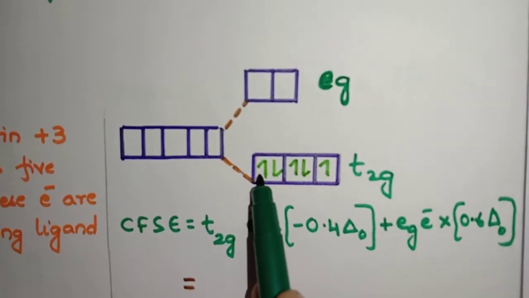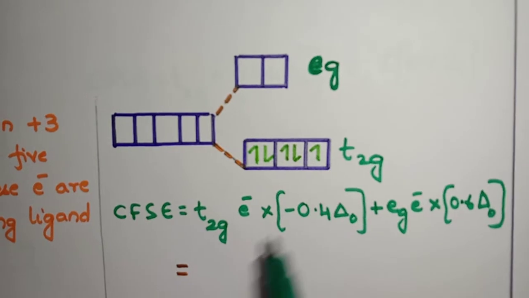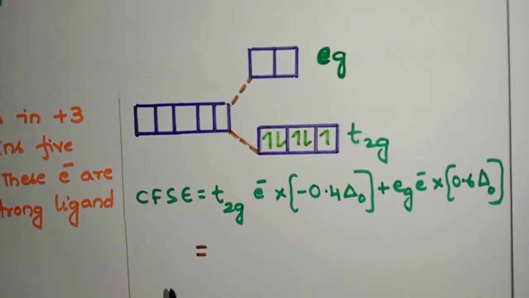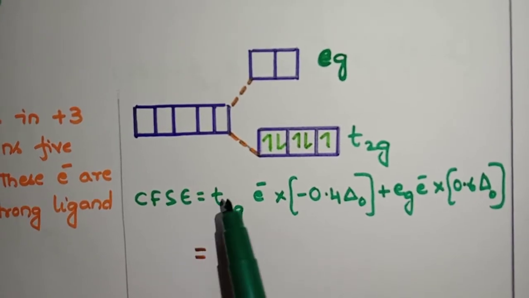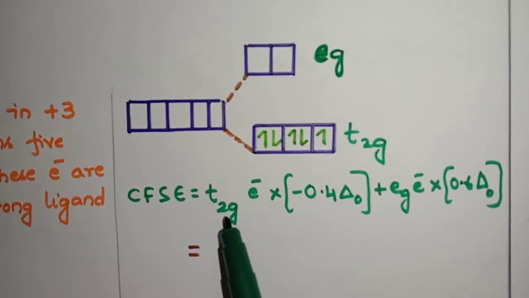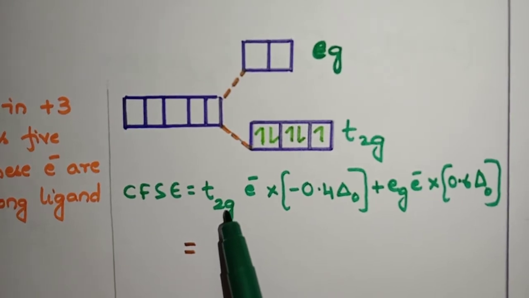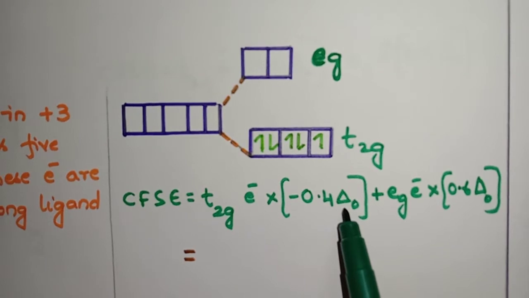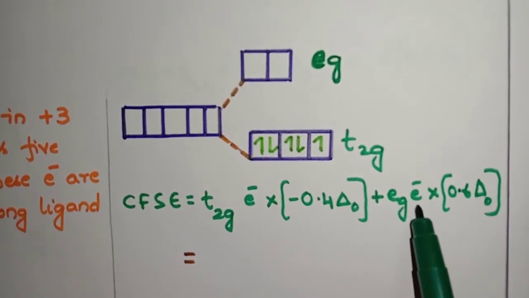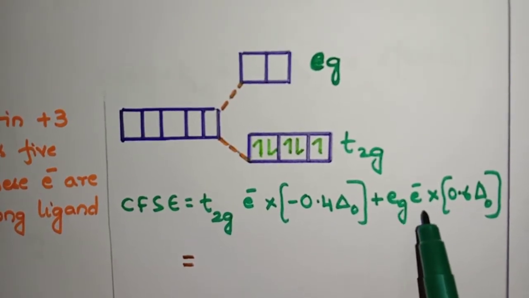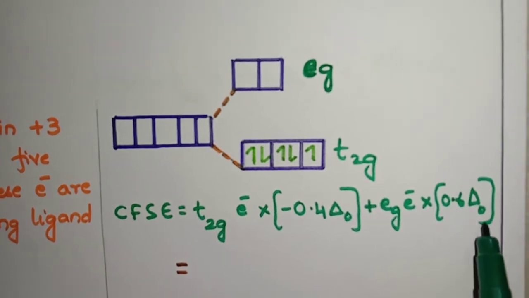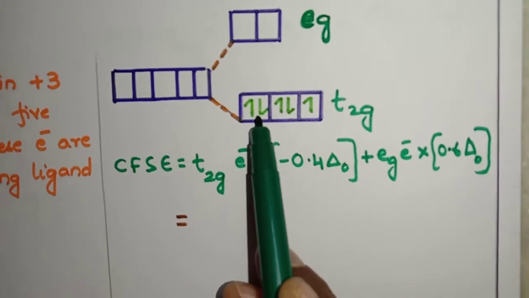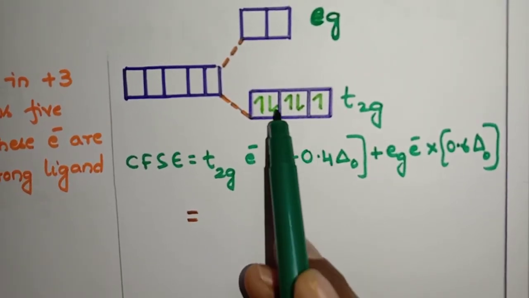These are the 5 electrons present in the d orbital, and I have given you a formula to calculate CFSE: the number of electrons in t2g orbitals multiplied by −0.4 delta O units, plus the number of electrons in eg orbitals multiplied by 0.6 delta O units. How many electrons are there in t2g? 1, 2, 3, 4, 5.